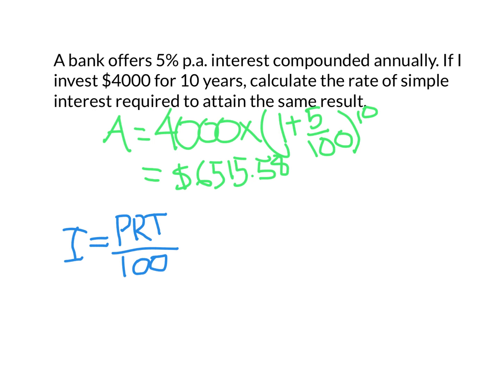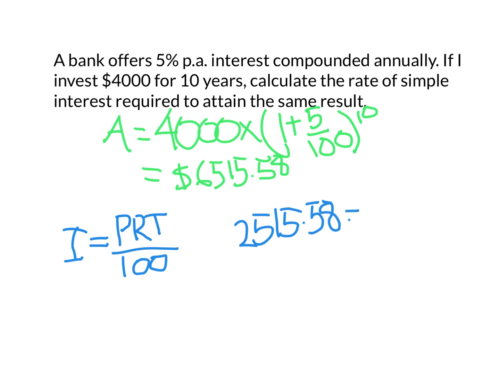So the idea here is if I want to attain the same result, if I want to earn the same amount of interest, that means I want to earn $2,515.58. That's how much interest we earned with compound interest. 6,515.58 minus 4,000 gives us that. So we know the interest we want to earn.